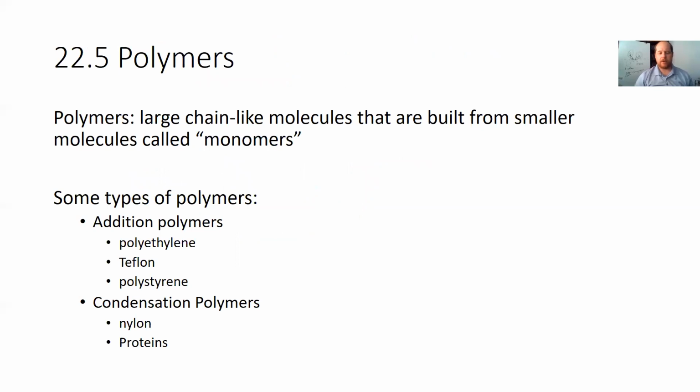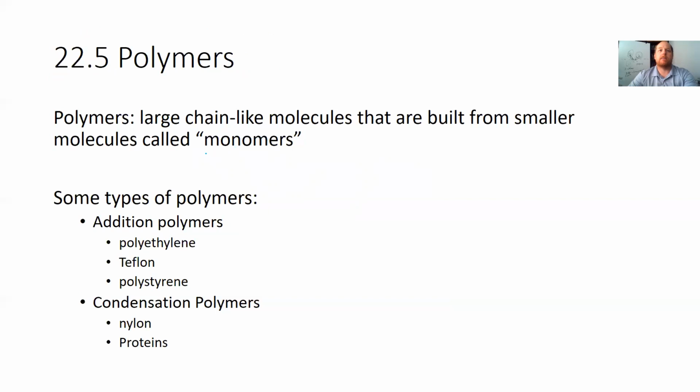All right, so there's our nomenclature, and that finally brings us into talking about some interesting molecules in organic chemistry. Polymers. Polymers are organic molecules that are large chain-like molecules built from smaller molecules called monomers.